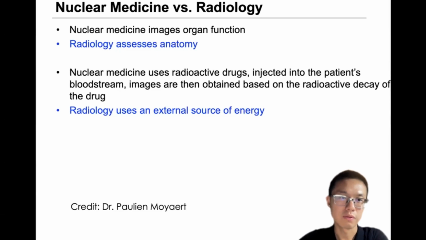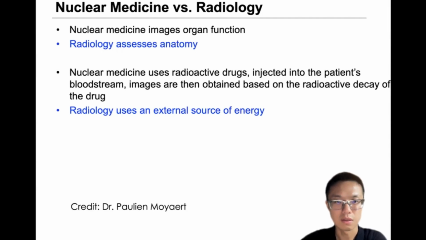So in summary, we can do a comparison between nuclear medicine and radiology. X-ray, CT. So nuclear medicine images organ function, right? For radiology, you'll assess anatomy.